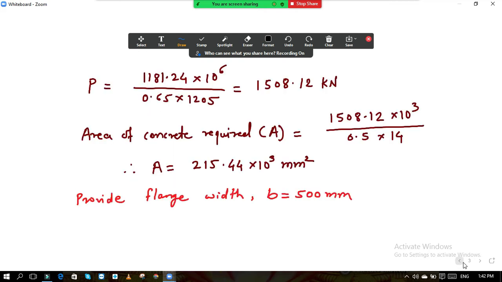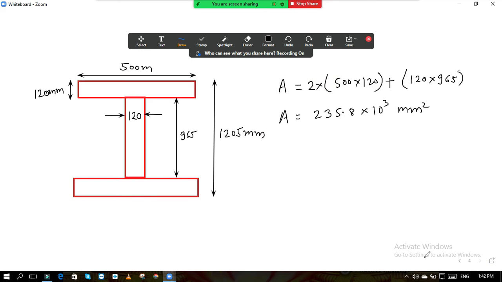What is the area required? 215.44. And what we have provided? 235.8. So it is okay.